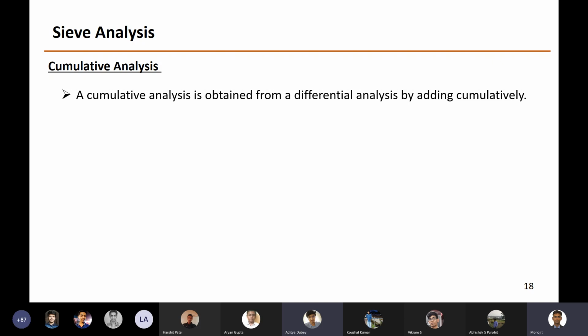See the first line written here, that a cumulative analysis is obtained from a differential analysis by adding cumulatively. Adding cumulatively means we are adding up all the mass fractions that are written on a specific screen. Cumulatively means one by one. Now, should we start from the top or from the bottom? Sir, from the bottom. Any reason?